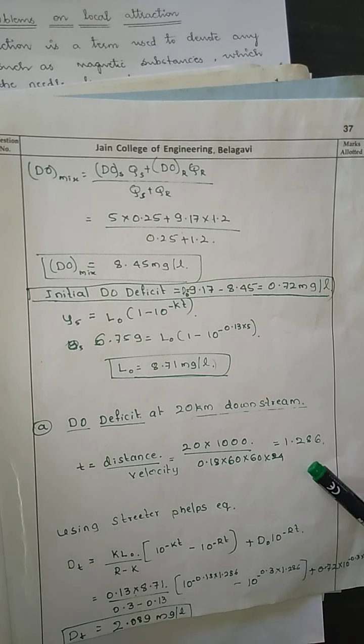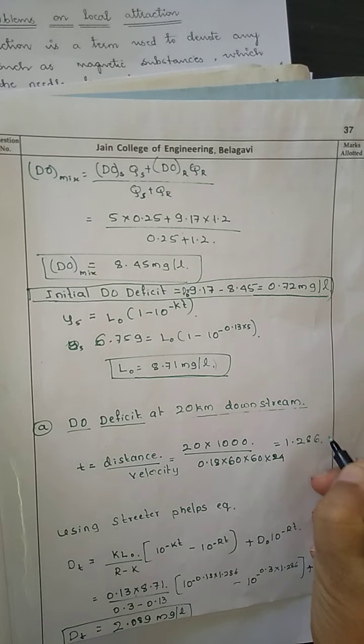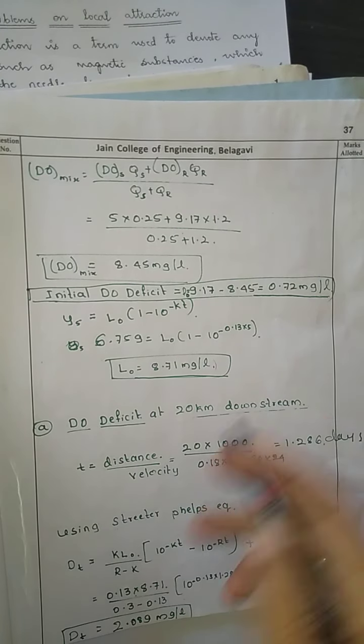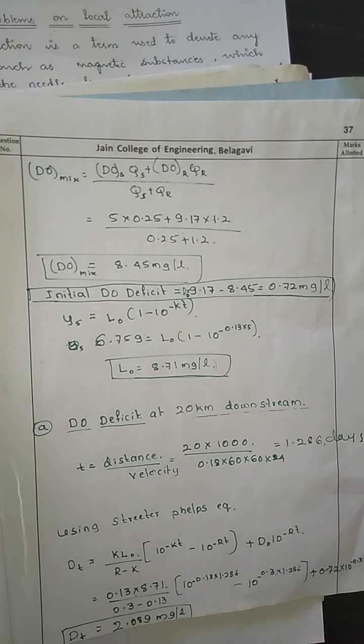So it takes around 1.286 days to cover the 20 kilometer distance.